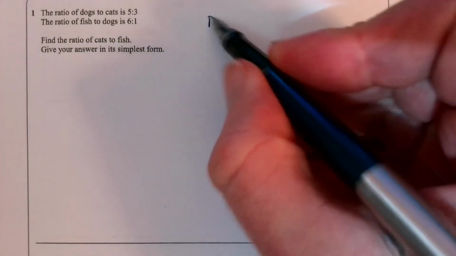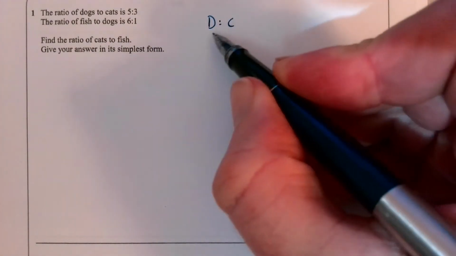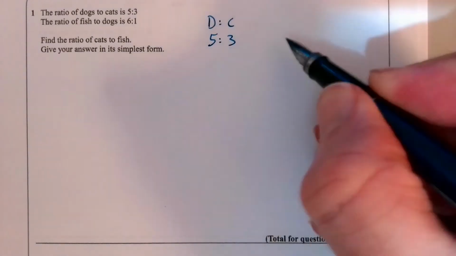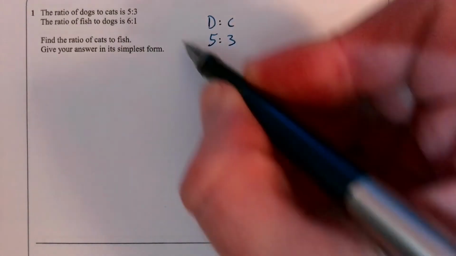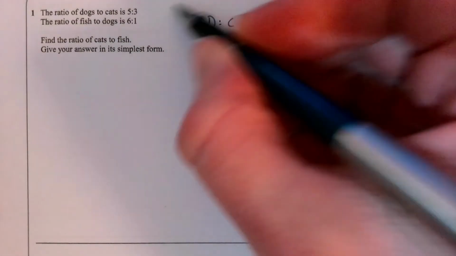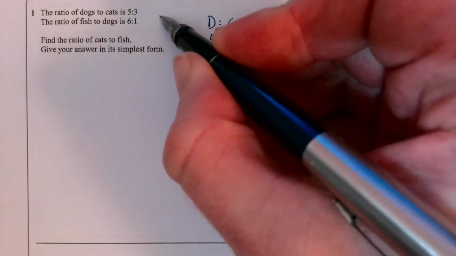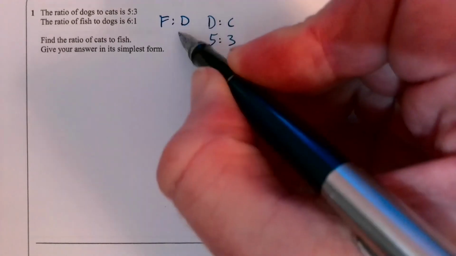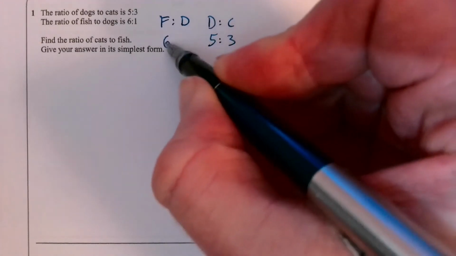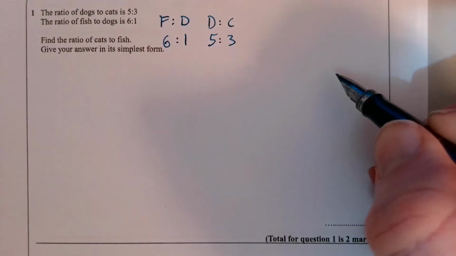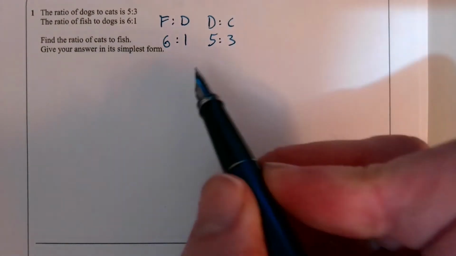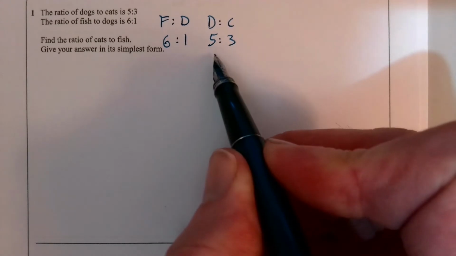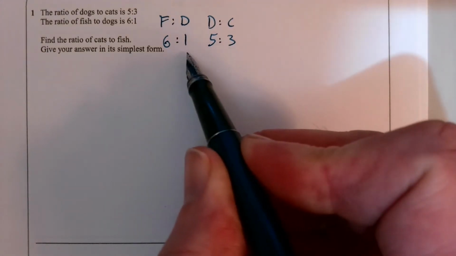So we know that dogs to cats is 5 to 3, and fish to dogs, I'm going to put fish to dogs just like that, so that the dogs and the fish are is 6 to 1. Now in order to be able to have the ratio of cats to fish or fish to cats, we need to have the dogs at the same bit.